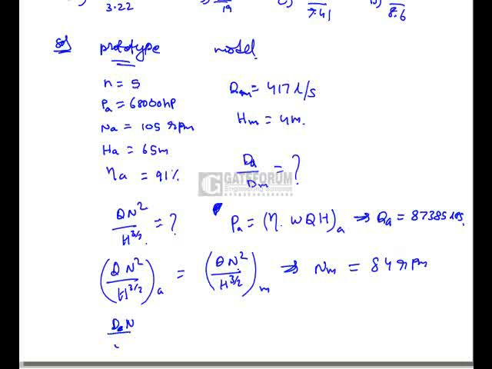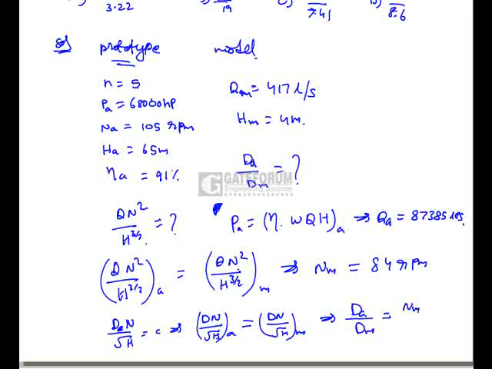And from the relation dn by root h is equal to constant, we can have dn by root h of prototype is equal to dn by root h of model. So from this equation we can find out dA by dm, that is nm by nA root of hA by hm.